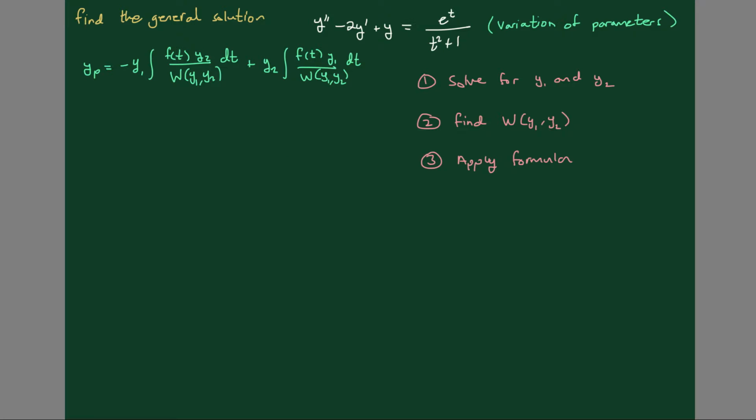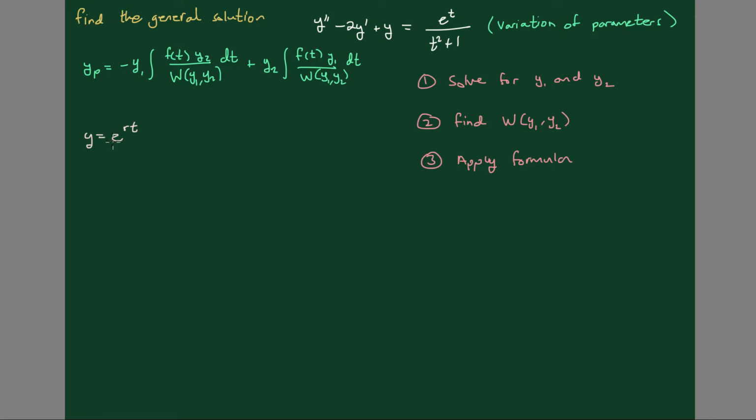So let's begin first by solving for y1 and y2. If we apply Euler's method, let's first propose the solutions to this differential equation. So we propose that y is equal to e to the power rt.